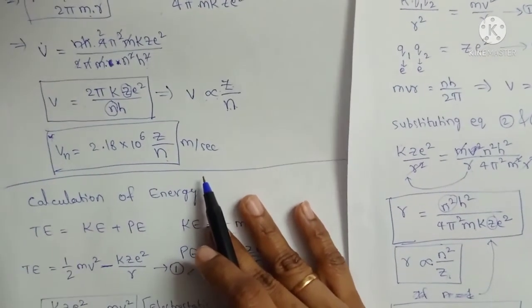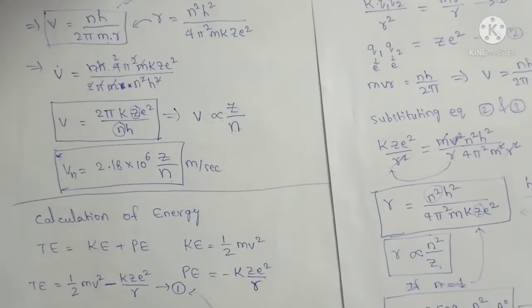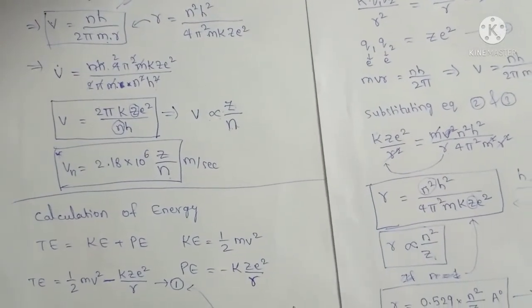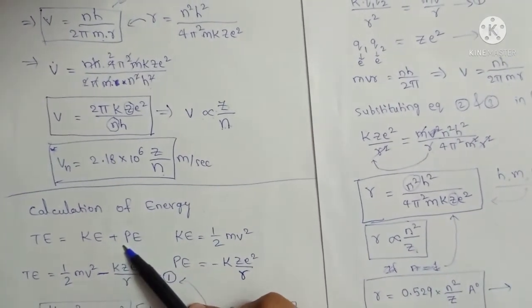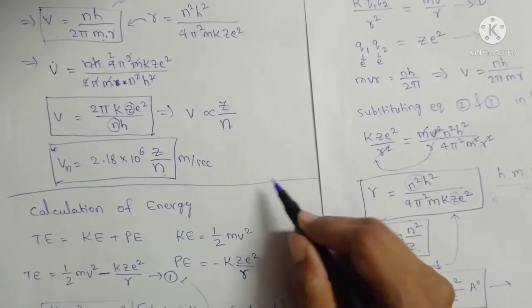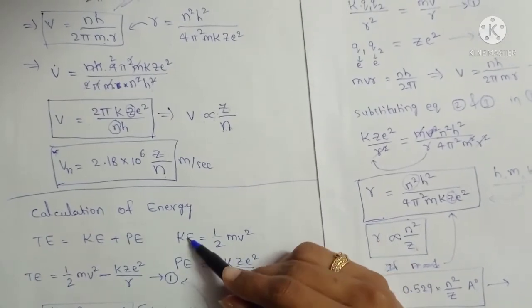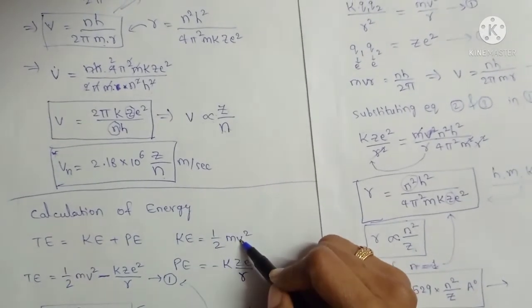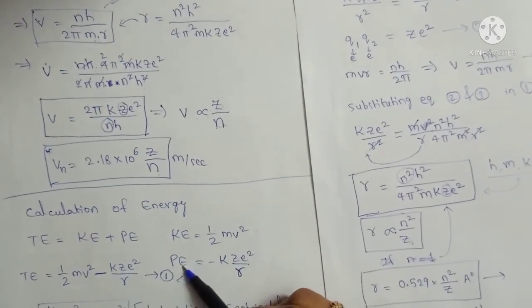Next, calculation of energy. The total energy of the electron is equal to kinetic energy plus potential energy. When the electron is revolving, it will have both potential energy and kinetic energy. The kinetic energy is equal to half mv square. This you know. And what about potential energy?